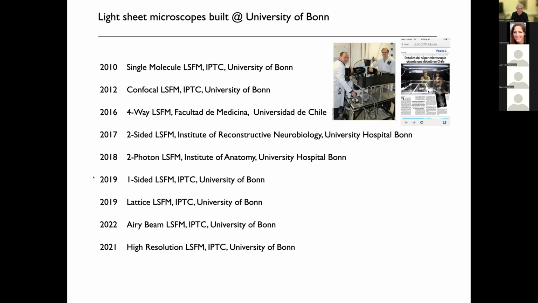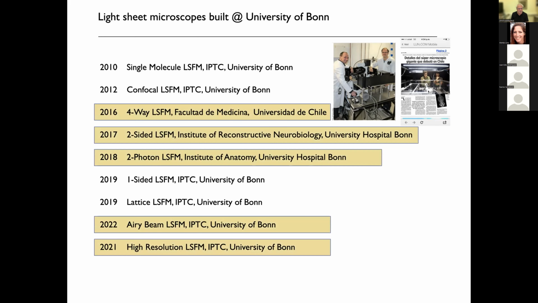And of these instruments, these ones are still operational. The experiments, which Juan will later demonstrate, have been done with this final one, our high-resolution light sheet fluorescence microscope. Currently, we also work on illumination using the Airy beam. That is another student of mine working on that.